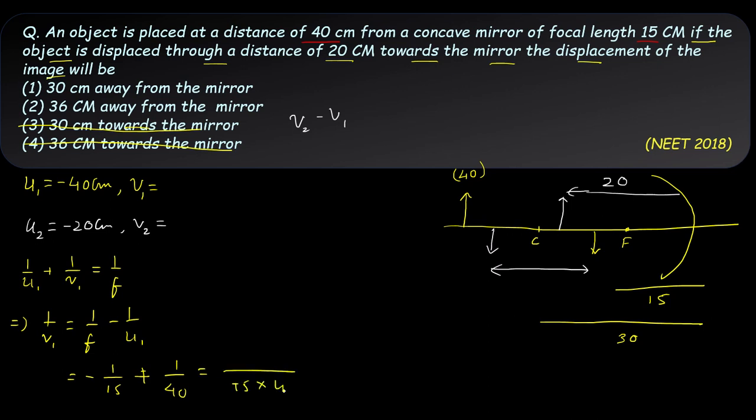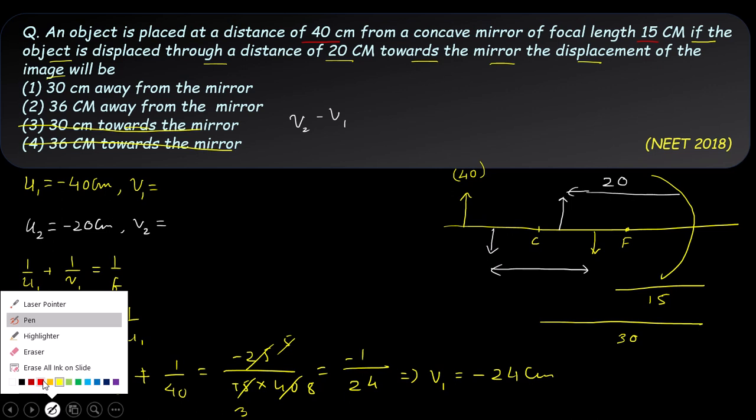This is minus 40 plus 15 over 15 into 40, which is minus 25 over 600. This will be equal to minus 1 by 24. So the initial position of the image is minus 24 centimeter.